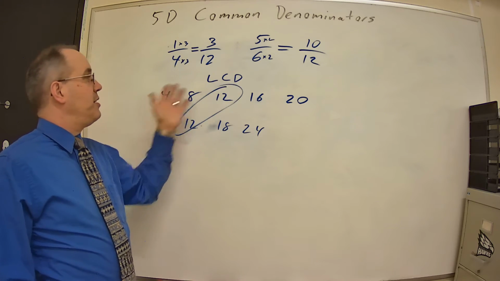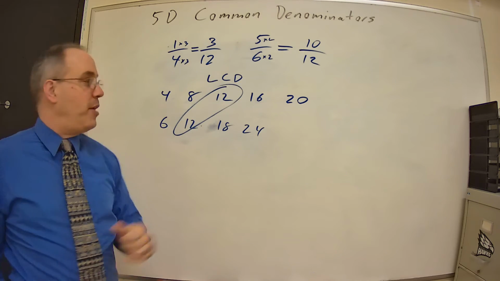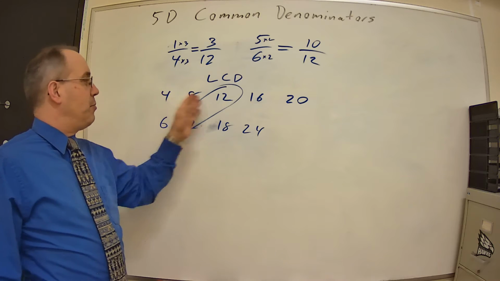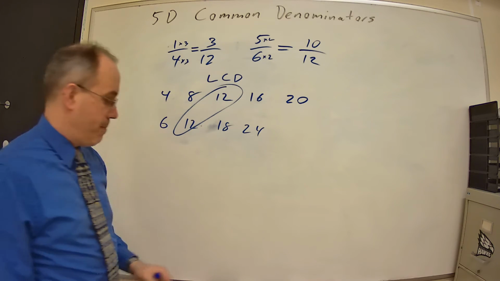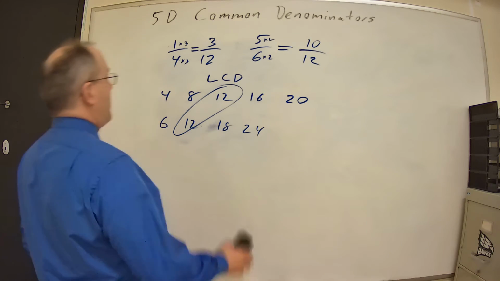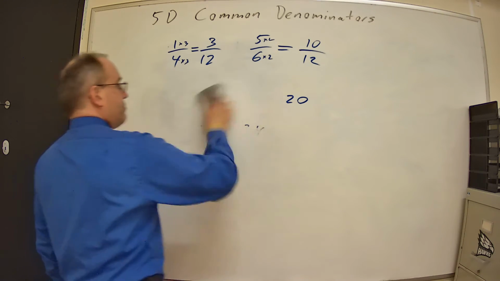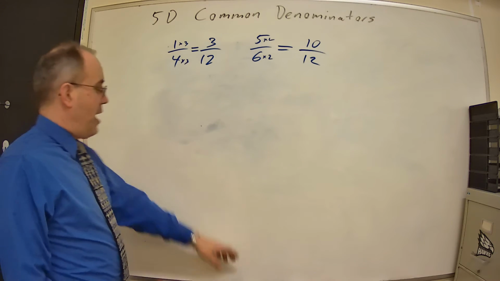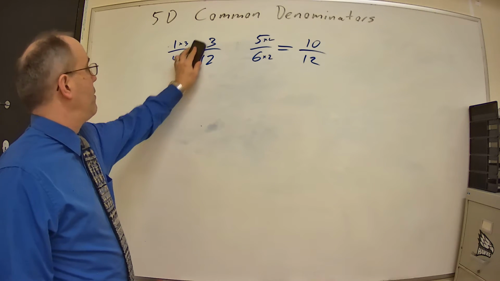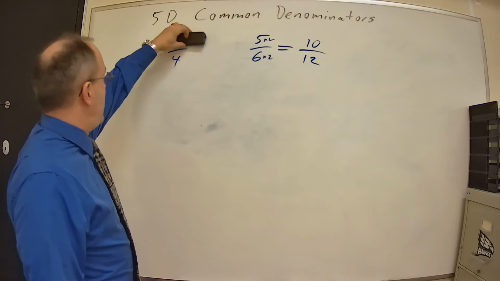We can find the least common denominator by just finding the multiples of each of those and saying, well, what's the smallest one? Another method that you can use is just to multiply the two denominators together.